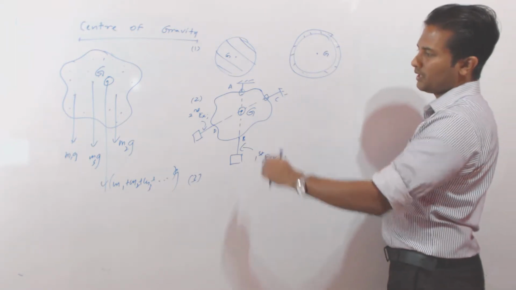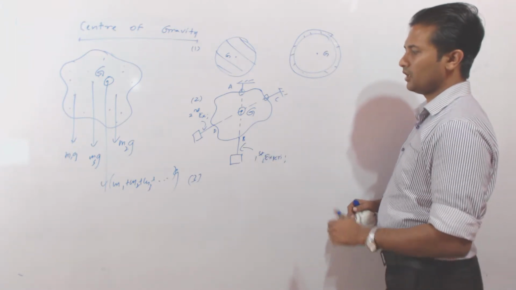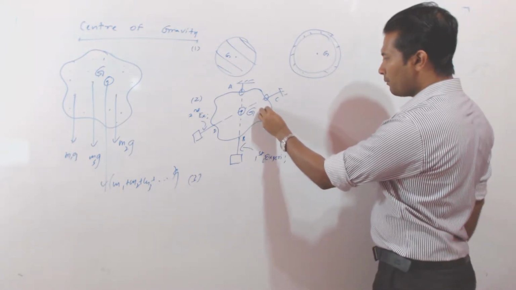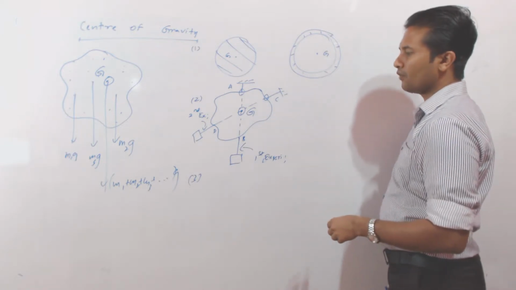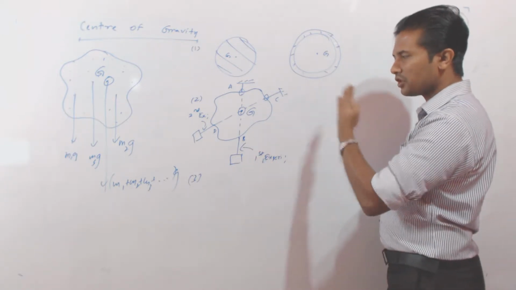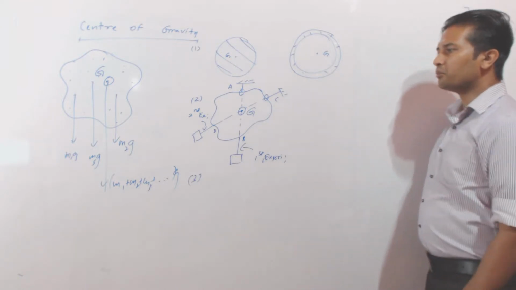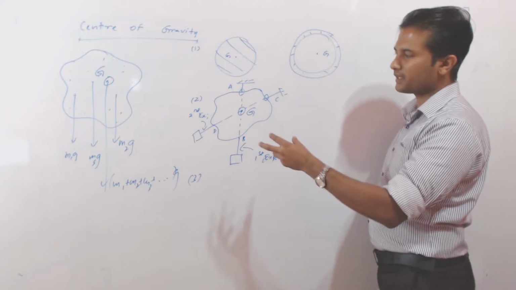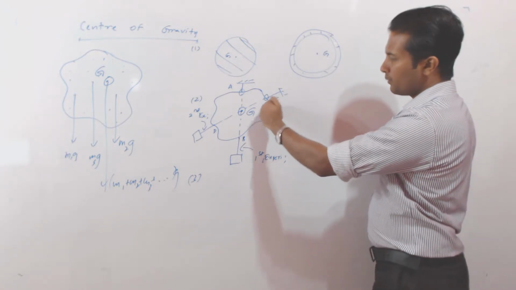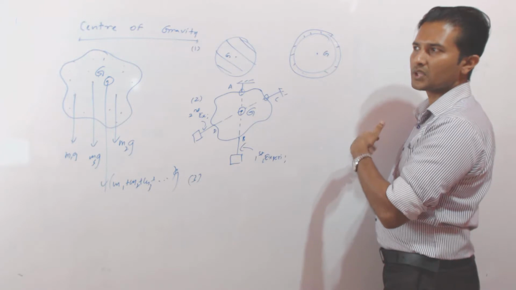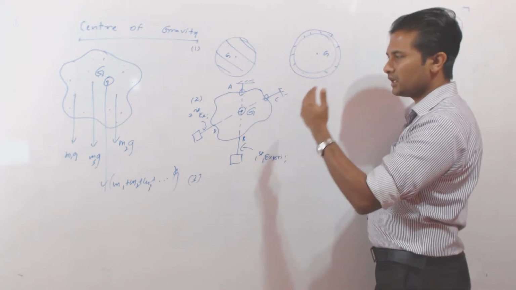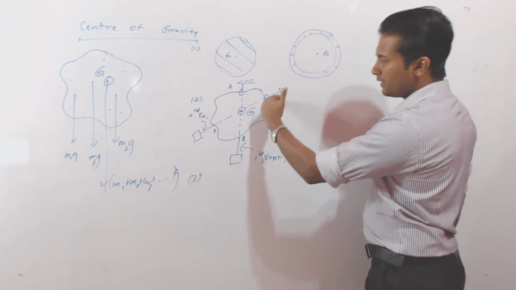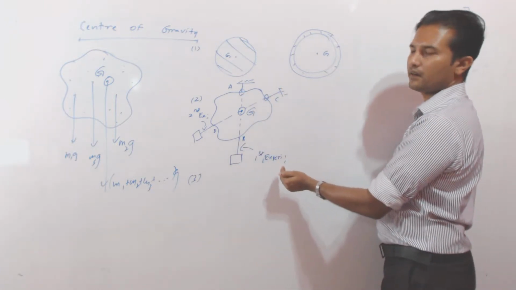So if additional mass is added, what happens? The center of gravity of the object moves towards that direction. The opposite: when a mass is removed from the object, the center of gravity goes away from that area.